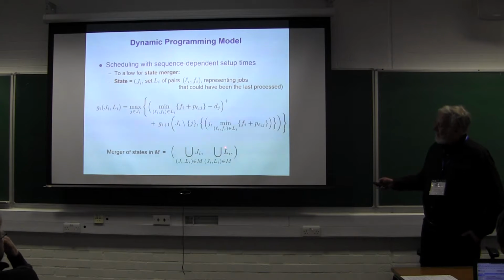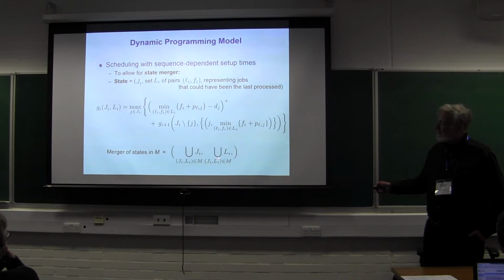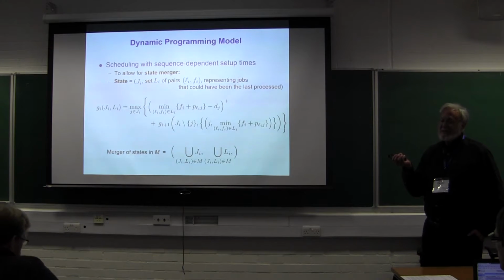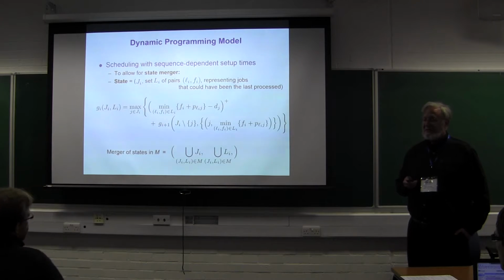And then when we merge the nodes, we're going to take a union of those sets that could have been last, the last one processed. Now we get a relaxation. So sometimes that's necessary. To relax the decision diagram, you have to modify the state description to get a valid relaxation.